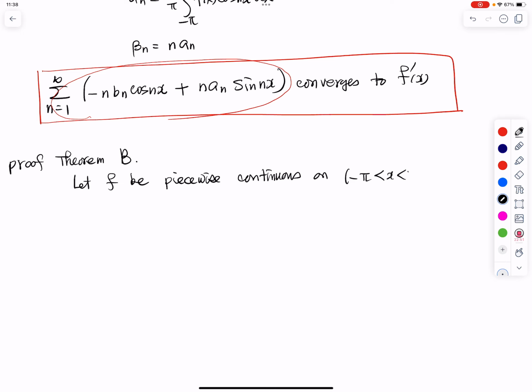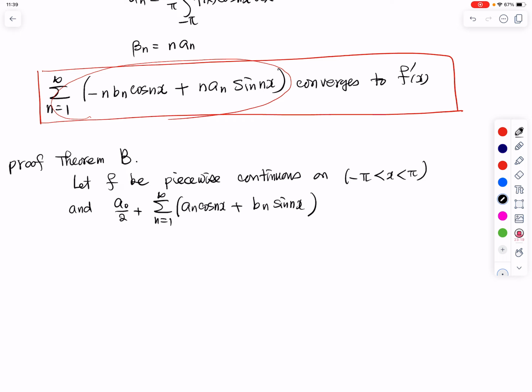And also let a0 over 2 plus summation n from 1 to infinity an cosine nx plus bn sine nx.